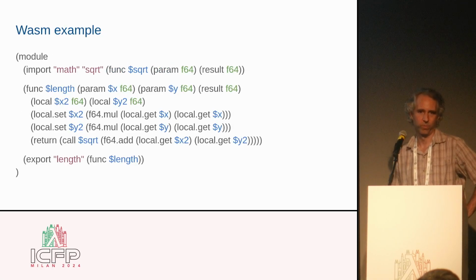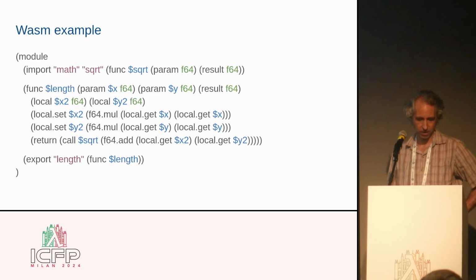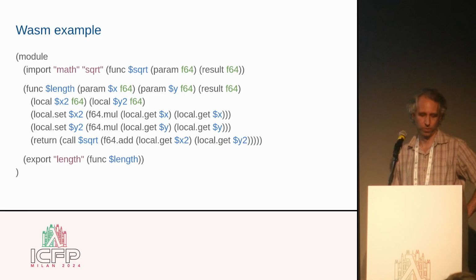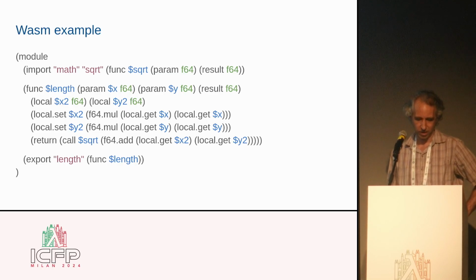containing return addresses and local variables. So here's an example of a WebAssembly module. You can import functions from other modules. Here it imports a function square root that takes a float as argument and returns a float from another module, math.